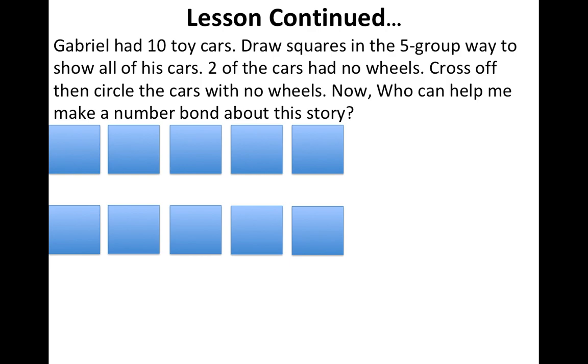Since I don't have cars, I'm just going to cross off and circle the 2 cars that have no wheels. In this case, for those of you who drew the cars and already erased the wheels, you can circle the 2 cars. And kids who are just doing circles, you can do a big circle around the 2 small circles that you crossed off.